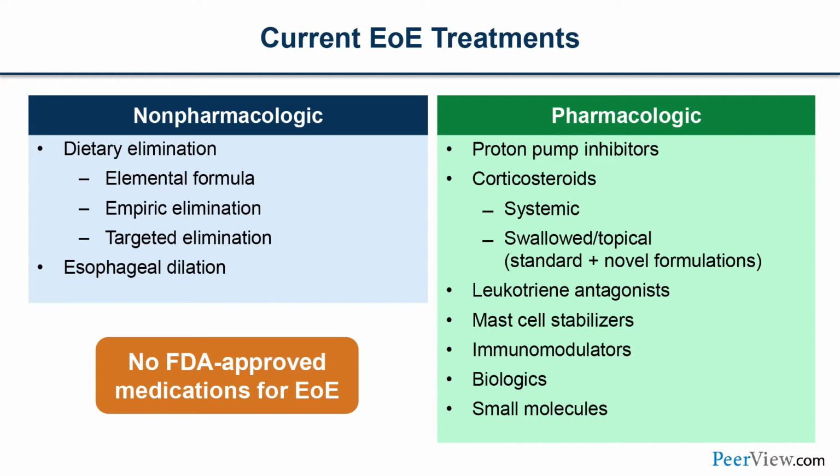We do not want to give a child steroids systemically, but you can use the swallowed topical steroids, some of which are the standard and some are novel formulations we'll talk about. The other treatments, the leukotriene antagonists and the mast cell stabilizers, have not really been shown to be that effective, so we hardly use those. There are some biologics and other small molecules that I think Kathleen will talk about.